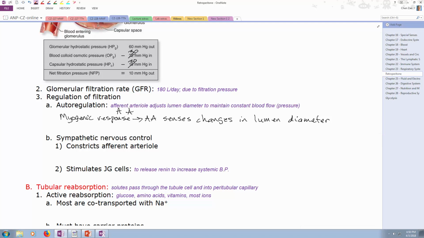Senses changes in lumen diameter, and the only reason that the lumen diameter will change is because we're getting high blood pressure, more blood flow, or low blood pressure, less blood flow, and will constrict, which is vasoconstriction, or relax, vasodilation, accordingly, to maintain a constant blood flow and pressure flow.